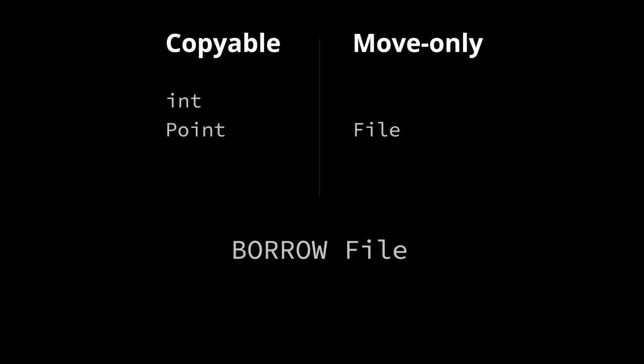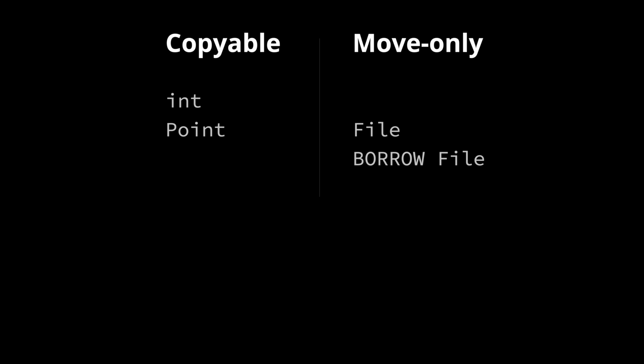Well, it's a pointer that has exclusive access to the file it points to. Should I be able to make another copy of the same pointer? No way, because if I did, then there would be two pointers, each claiming to have exclusive access. Borrows are exclusive, so borrowed references are not copyable, they are move-only.